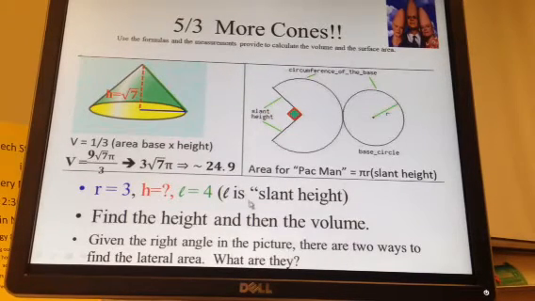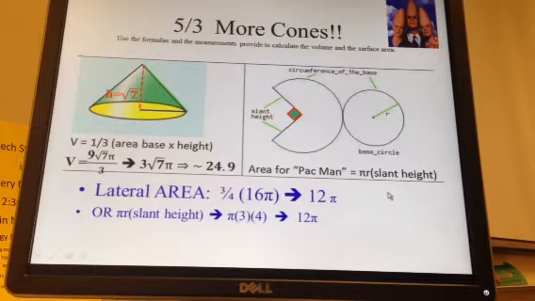And then for the next part, over here, this is 3/4 of a circle. So one way I can do this is, slant height is 4, so 3/4 of 16 pi is one way to do this. The other way is just to plug it into our formula, which is pi times this radius times the 4.